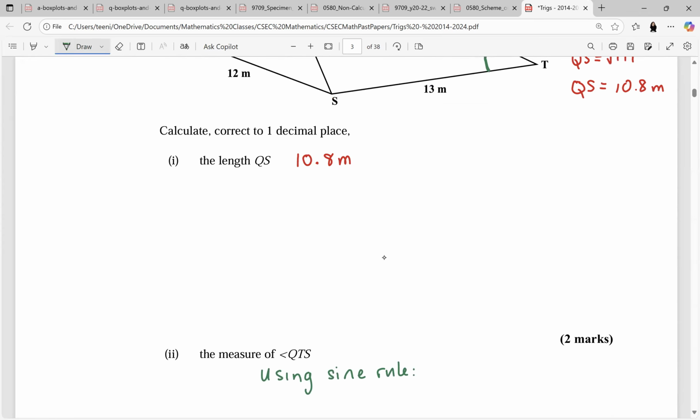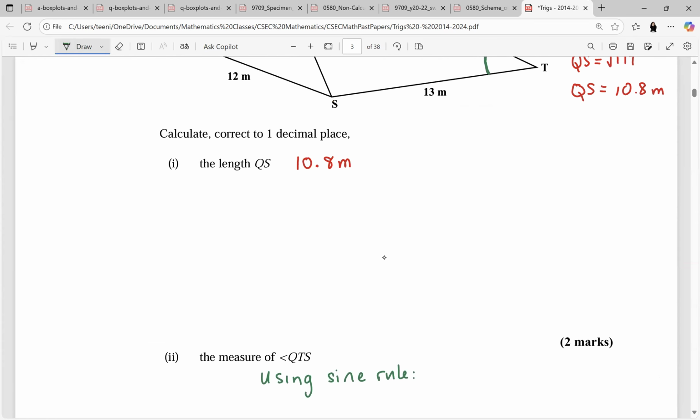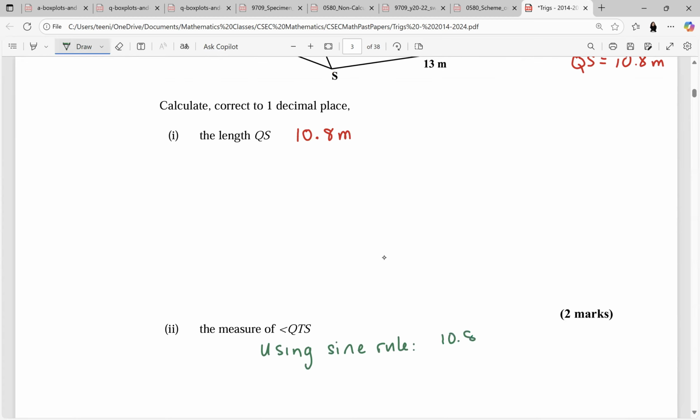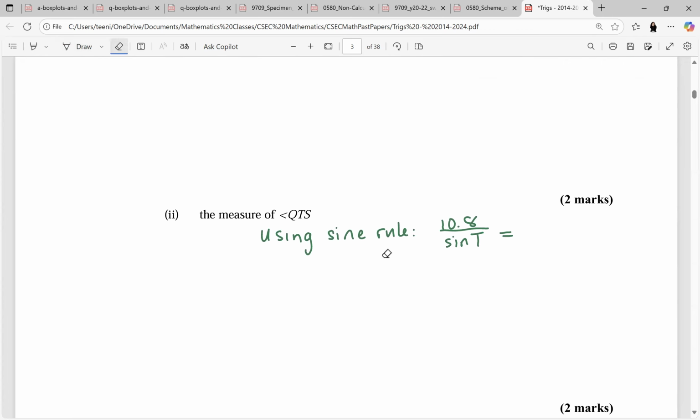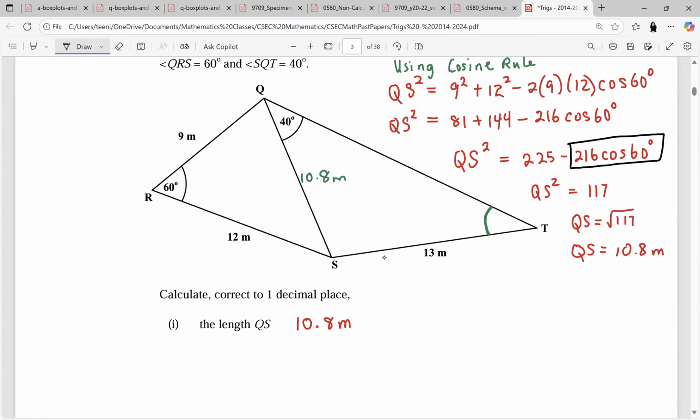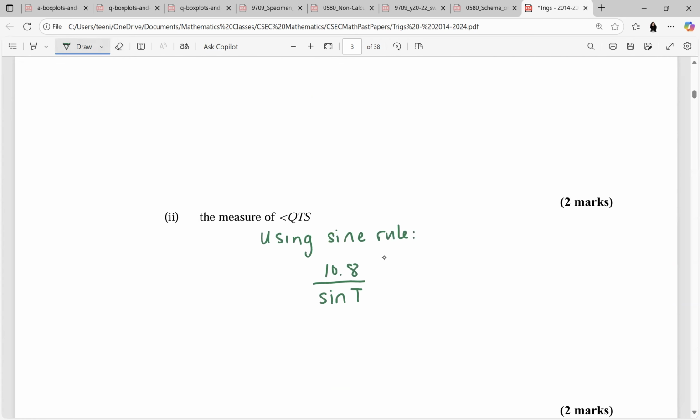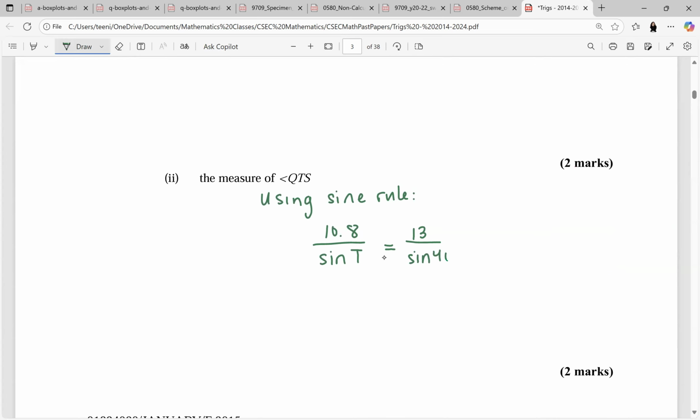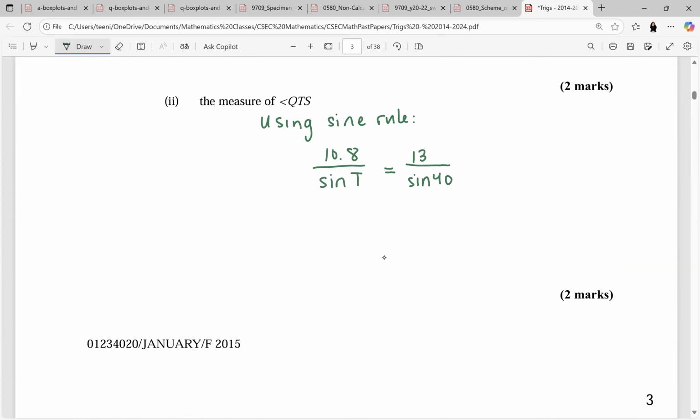So using the sine rule, 10.8 over sine of angle t, which is the angle we're trying to find there, is equal to 13 over sine of 40. Yeah, good. And then what?